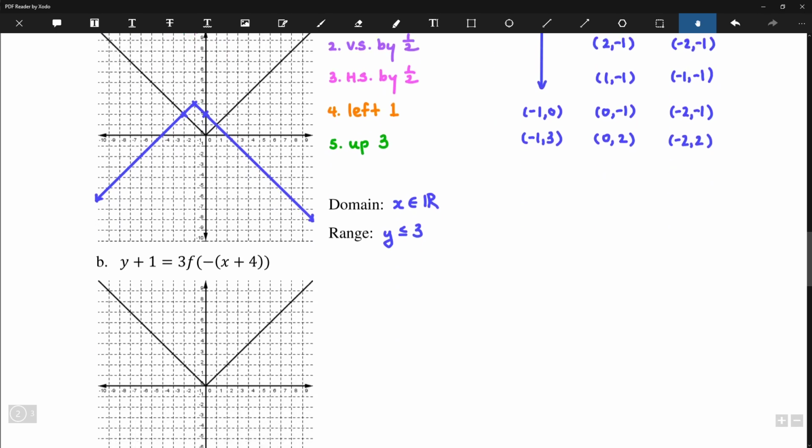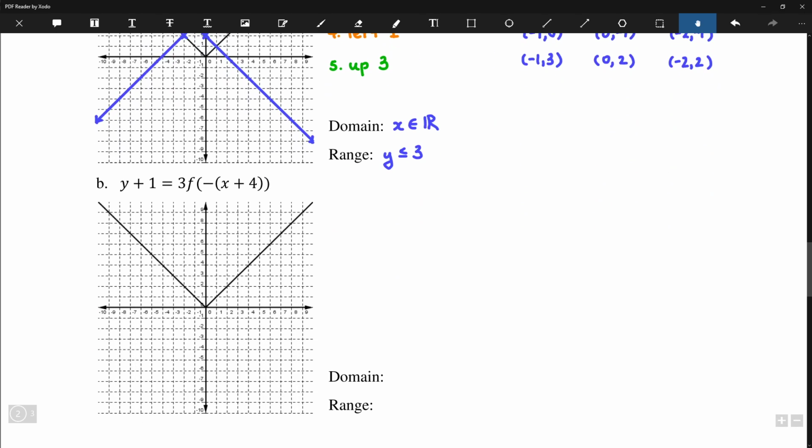Next one is very similar, so it's going to provide the transformed points. Not going to go step by step for this one, just because I can see the video is running a little bit long on time. So after the transformations, these are the 3 points.